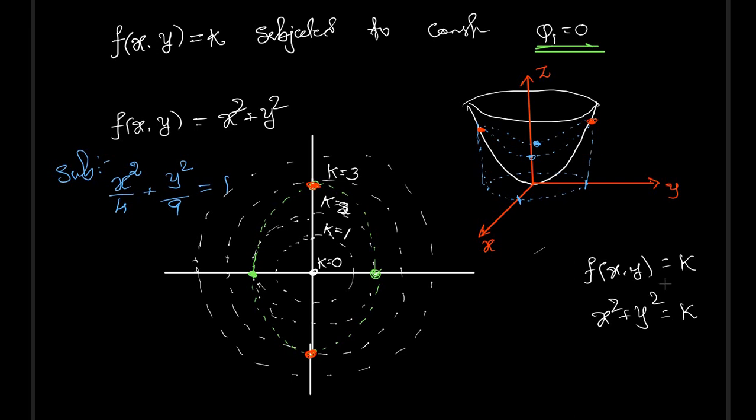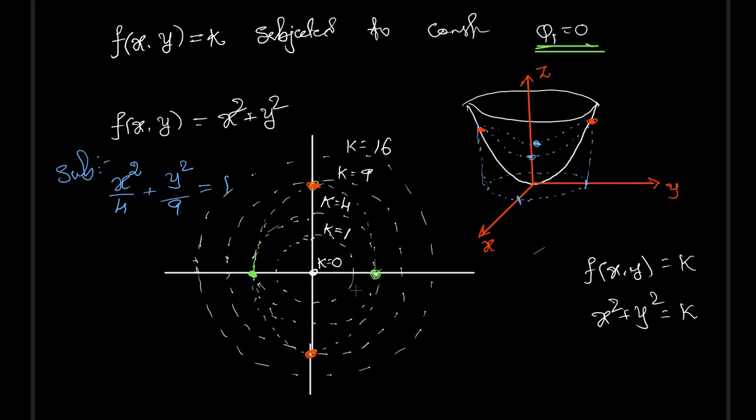Actually, not k equal to 3, k equal to 9, because only if k equal to 9 will I get a circle with radius 3. So this is k equal to 1, this is at 4, and this is at 9. And this is, let me assume, the next, 16.